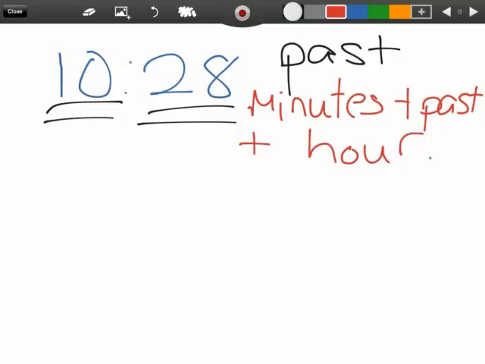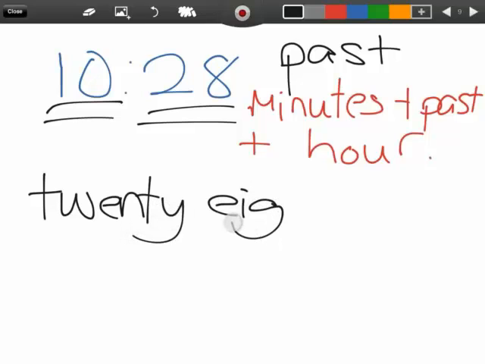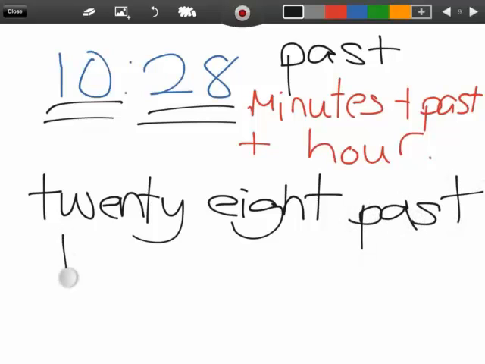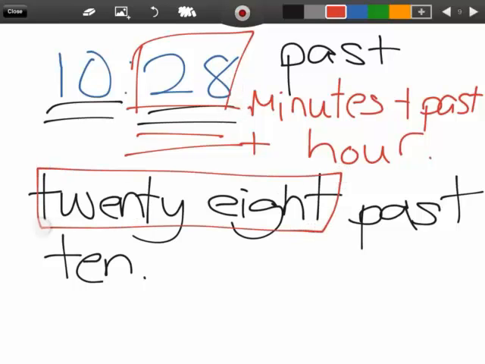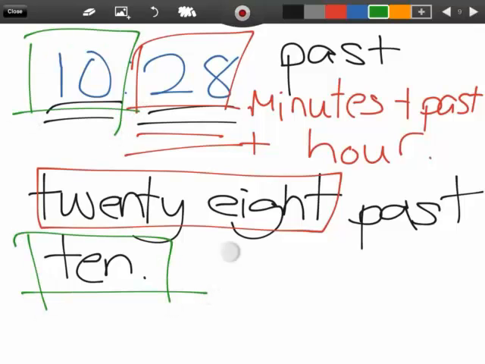Now let's write this out. We are going to say 28 past 10. So that is 28 past 10. So it's minutes plus past plus hour between numbers 1 and 30.